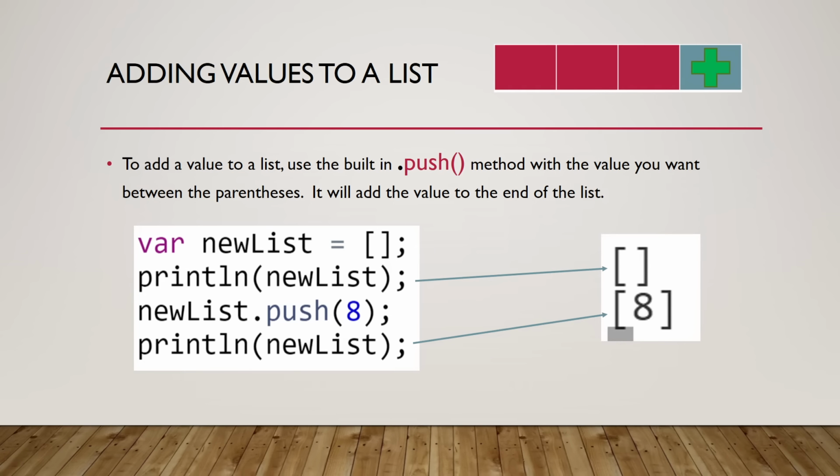Now, how do we add a value to the list? Well, there is a way to add a value, and we can use the .push method. That's actually a built-in method to add something to a list. In CodeHS and in code.org, there are slightly different implementations of this.